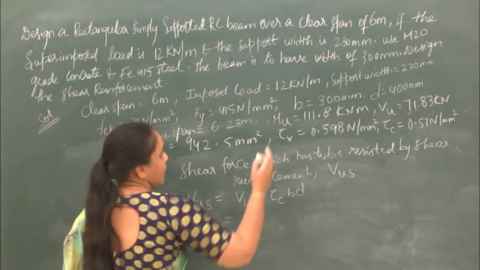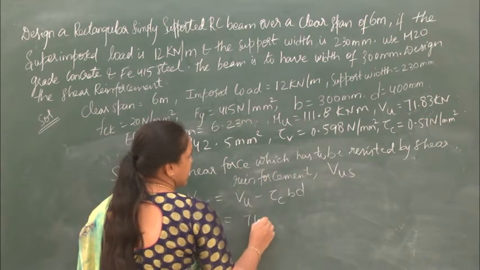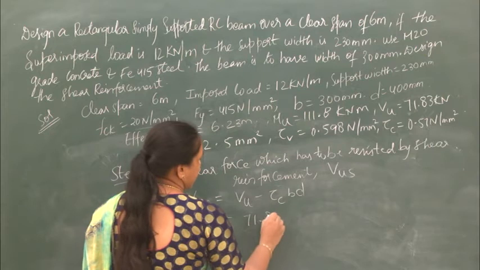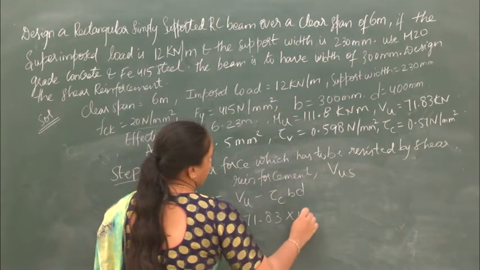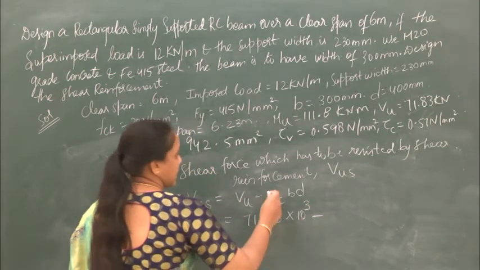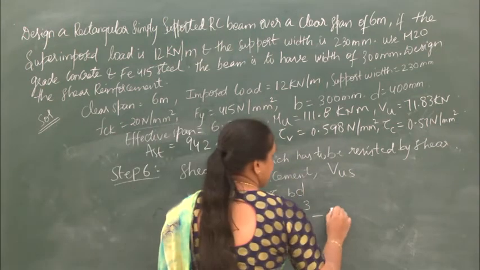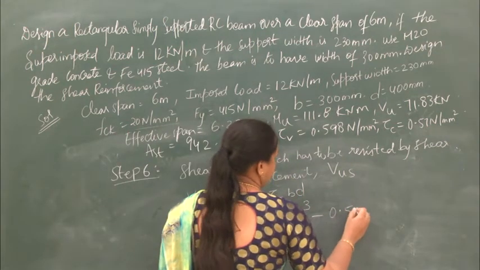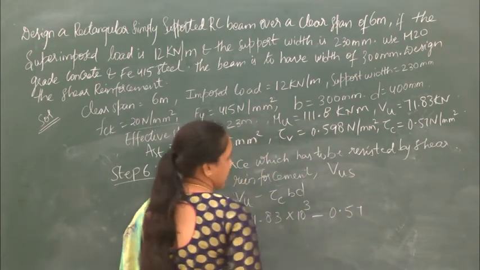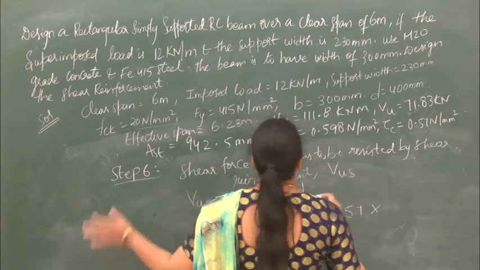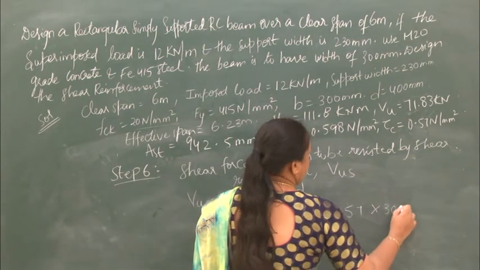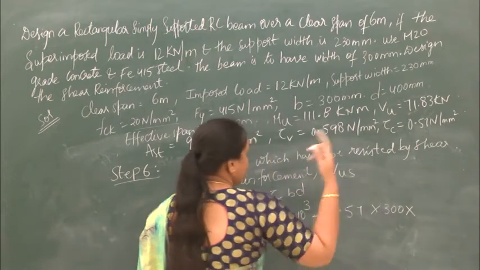So VU value we have already calculated. It is 71.83 into 10 to the power of 3 minus tau c. Tau c value is how much? 0.57 into B. What is the value of B? It is 300 mm into D. What is D?